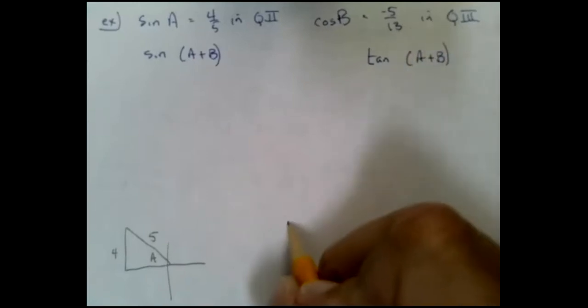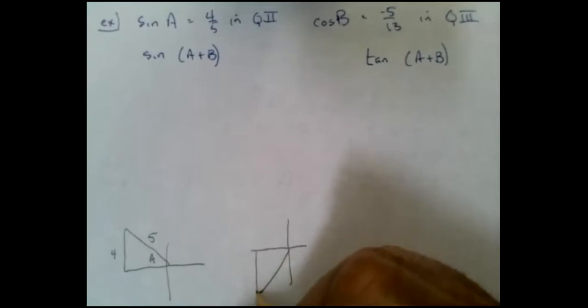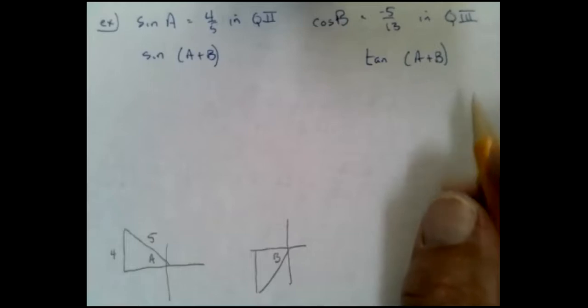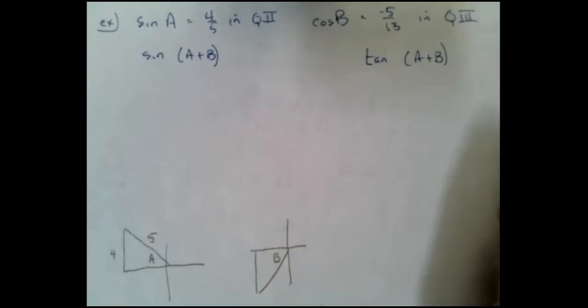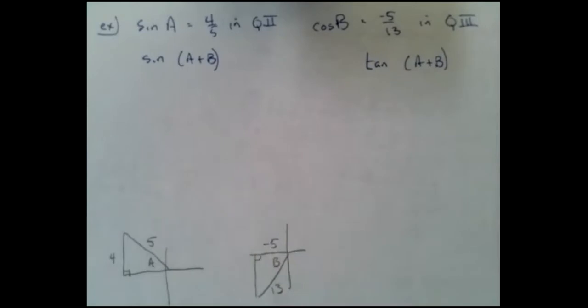B is in quadrant 3, and it's -5 over 13. -5, B is adjacent, -5 over 13. Sine of A equals 4/5 in quadrant 2. Cosine of B equals -5/13 in quadrant 3.